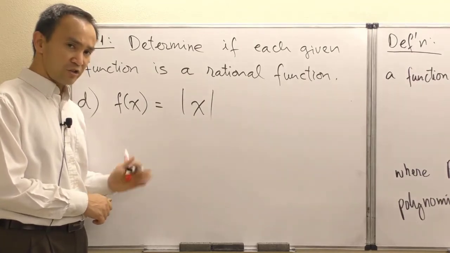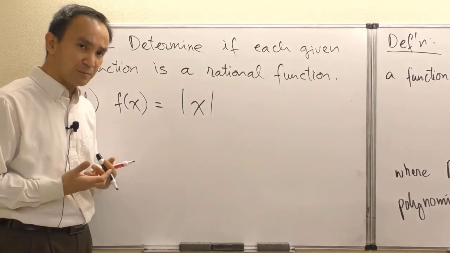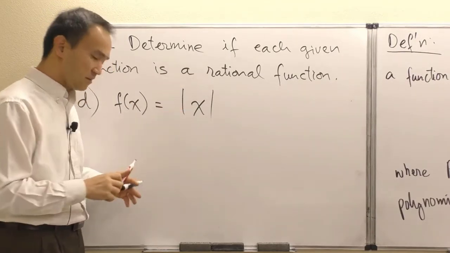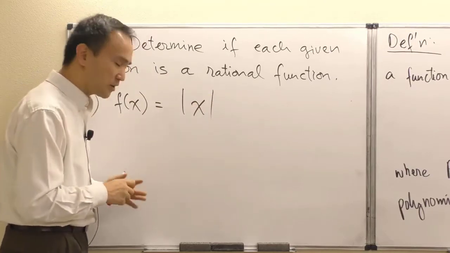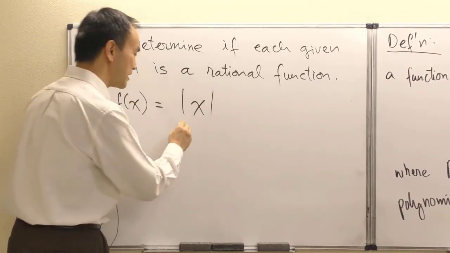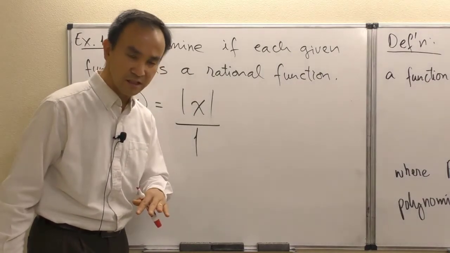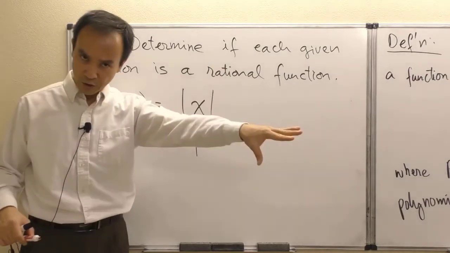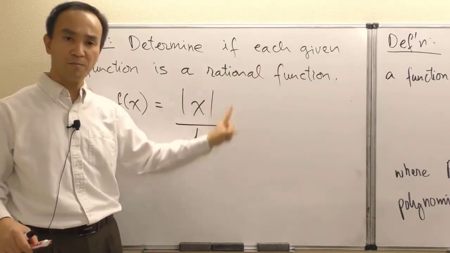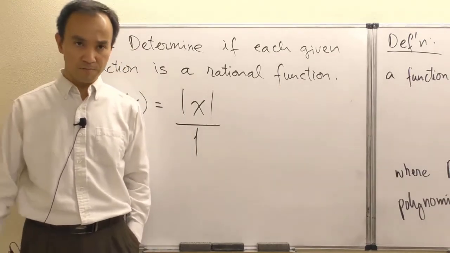And right after picking up the experience from part C, somebody can quickly think of that same experience: we can purposely put this over 1. I'm not objecting to that. If any of my students tells me, hey, why don't we put that over 1? Yes, mathematically it's completely legal.